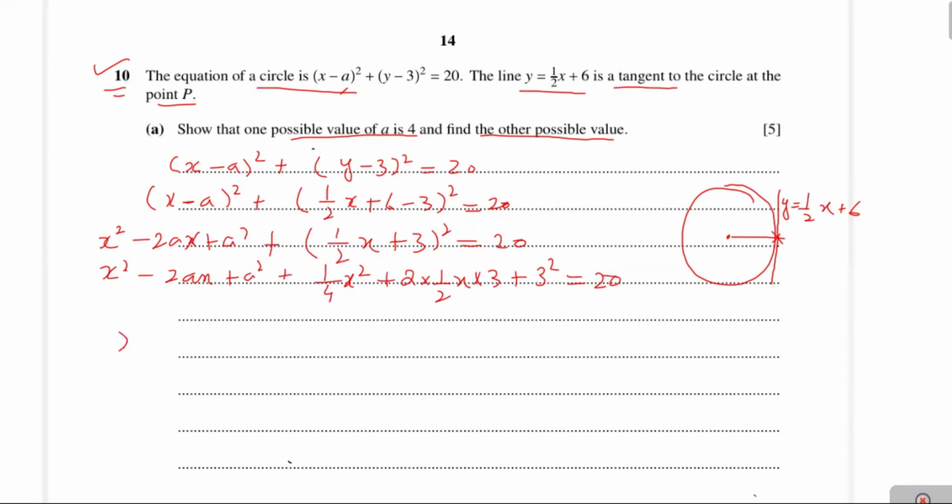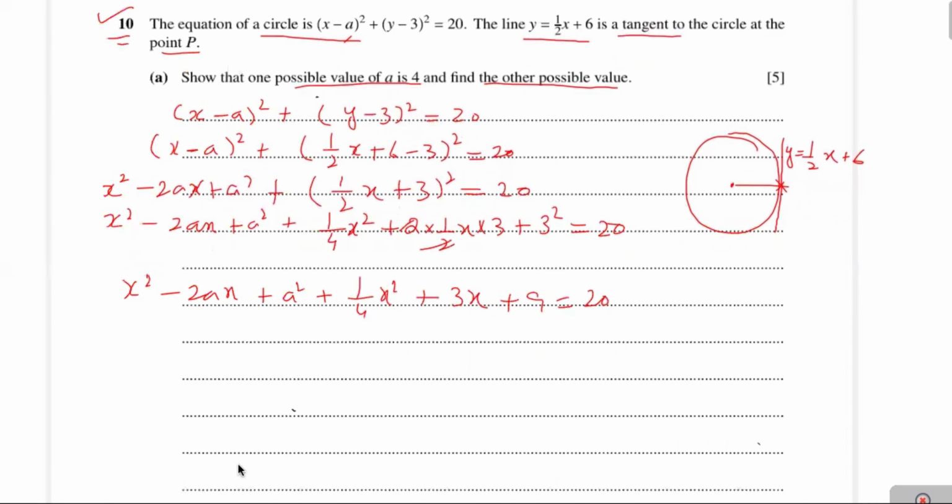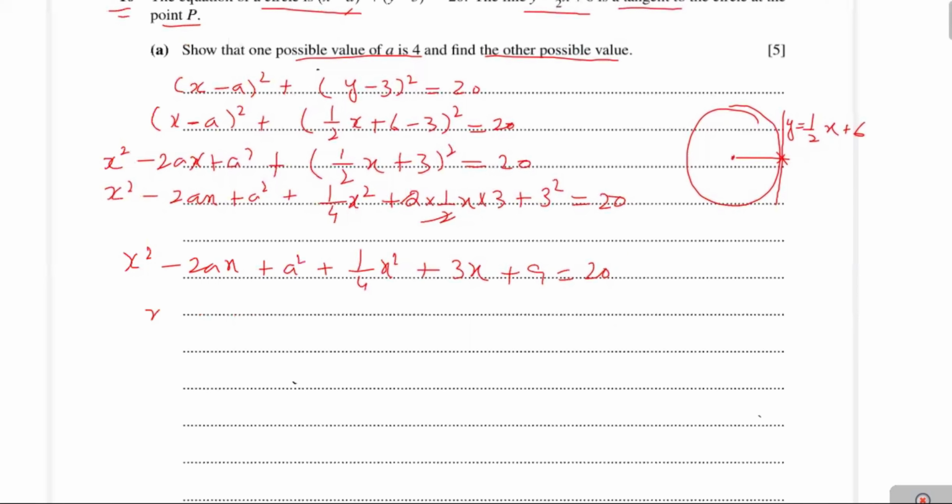Now this value becomes x square minus 2ax plus a square plus 1 over 4 x square plus 3x plus 9 equal to 20. Now we get x square minus 2ax plus a square plus 1 over 4 x square plus 3x minus 11 equal to 0.